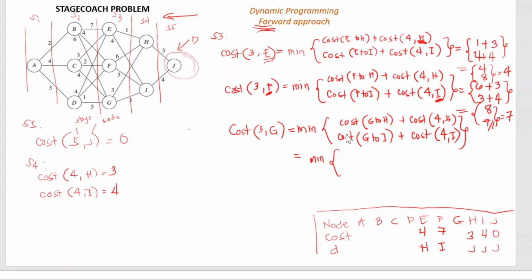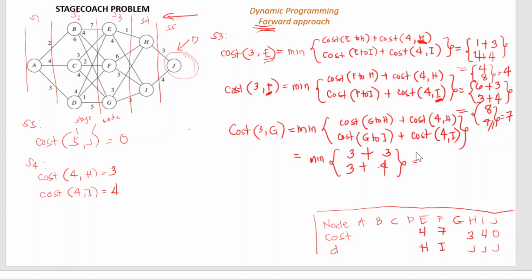Cost of G to H is 3. 3, and then plus cost of H is 3. Cost of G to I is 3, plus cost of I here down is 4. Is it really 3? Yeah, 3.